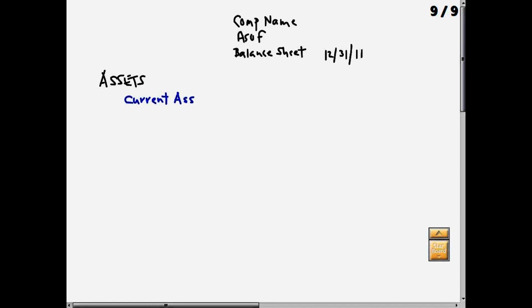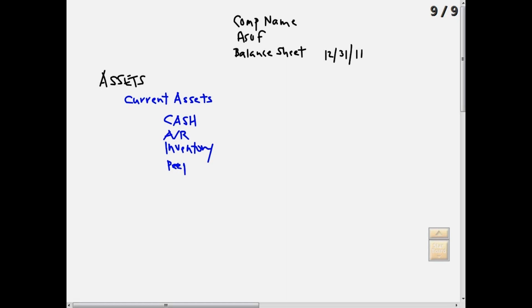And what are we going to start out with? Well, we have our assets. Then what do I do? Let's call, and what's my order going to be for my current assets? Cash, accounts receivable, inventory, prepaids. Anything else?